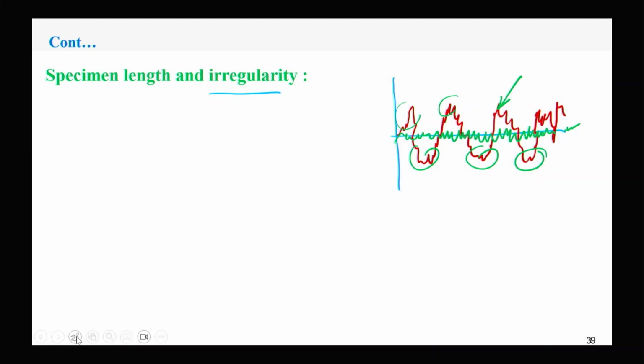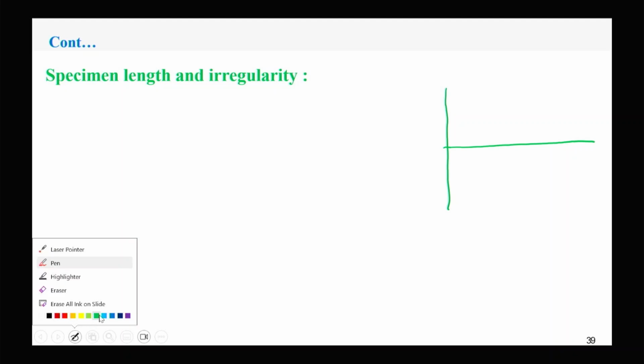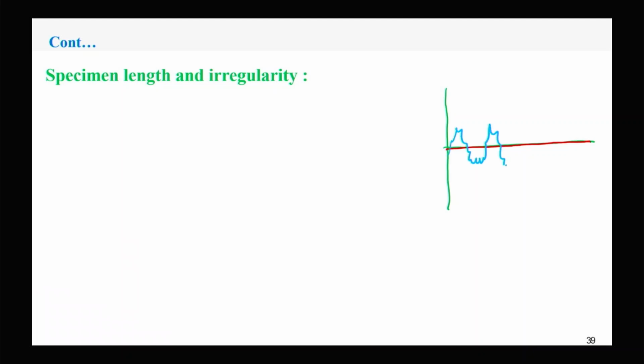Now I will give you one ideal example. It will be clear. Suppose one yarn has no variability, a perfectly ideal yarn, like any engineering material, so there is zero variation. And another yarn is a normal yarn with high variability, in blue color.